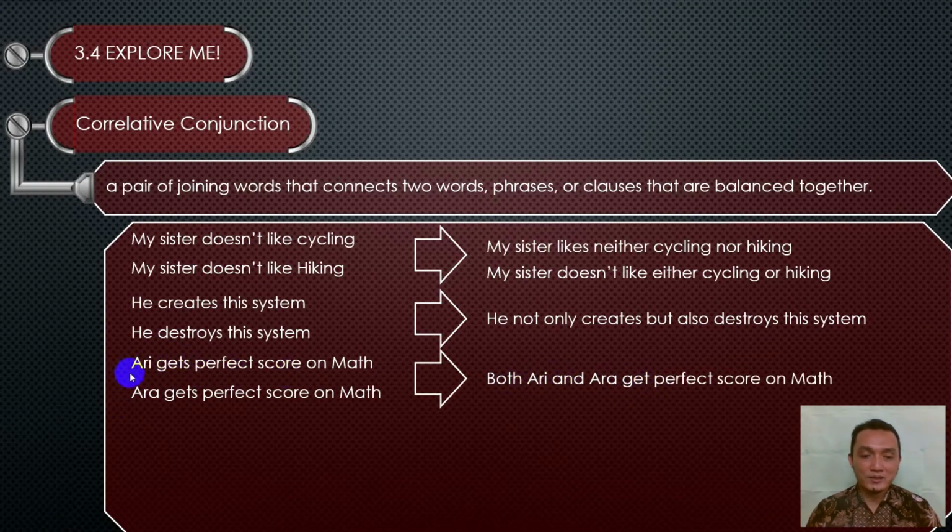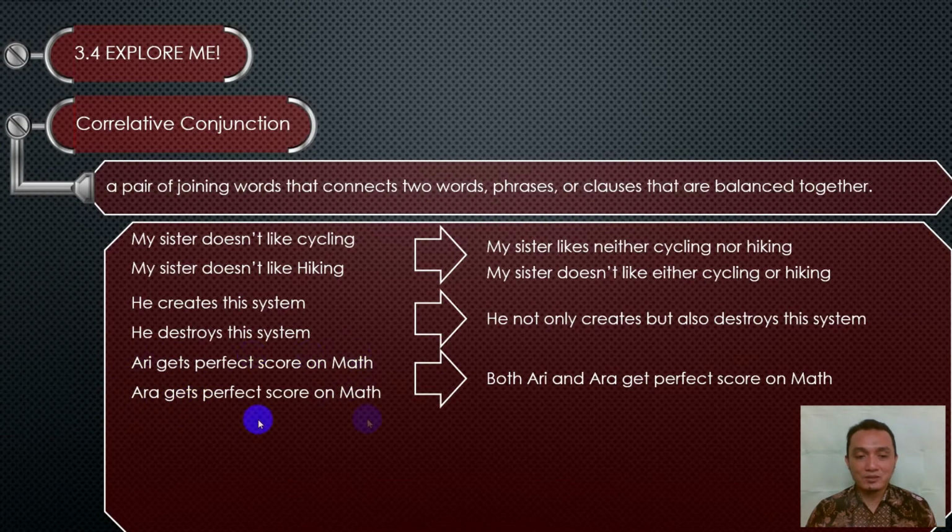If we separate the sentences into two sentences, it becomes: Ari gets, verb plus s. Ara gets, verb plus s.